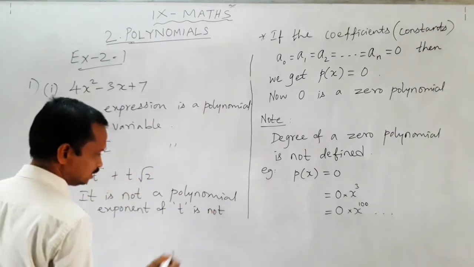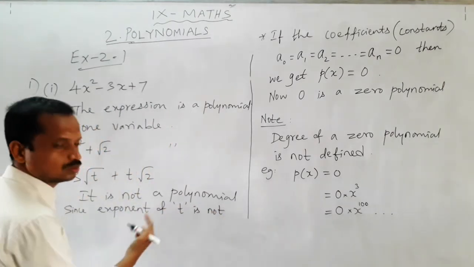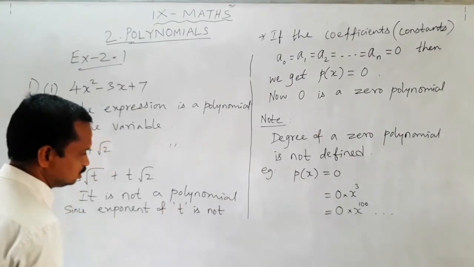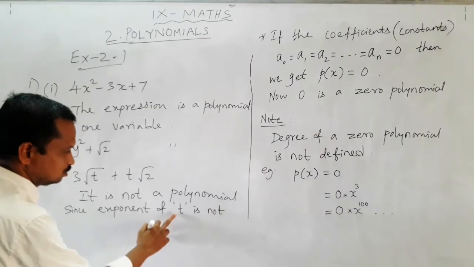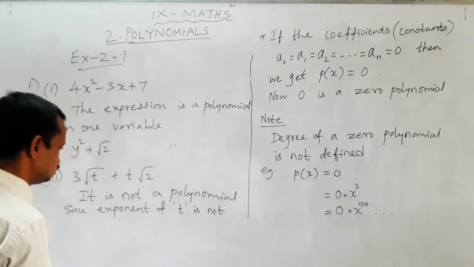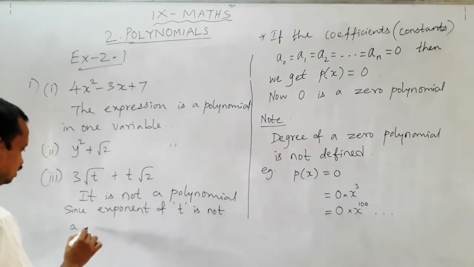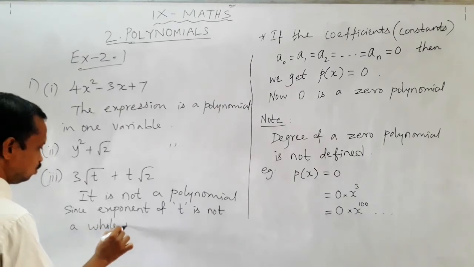The variable used there. So the exponent of the variable t is not a whole number.